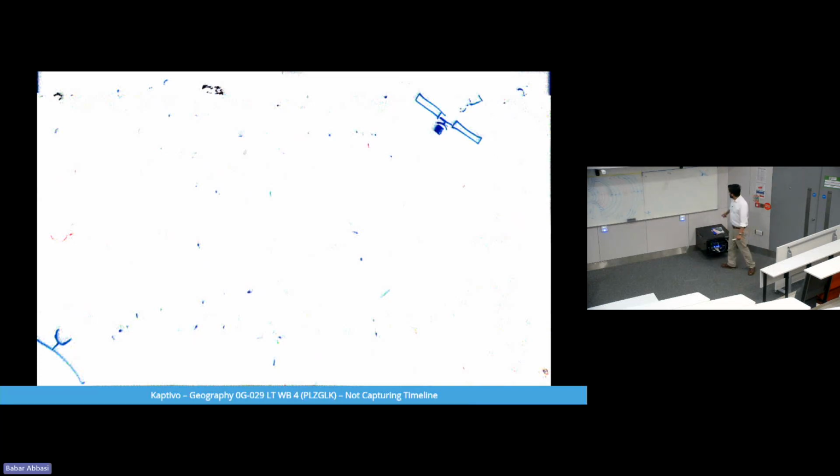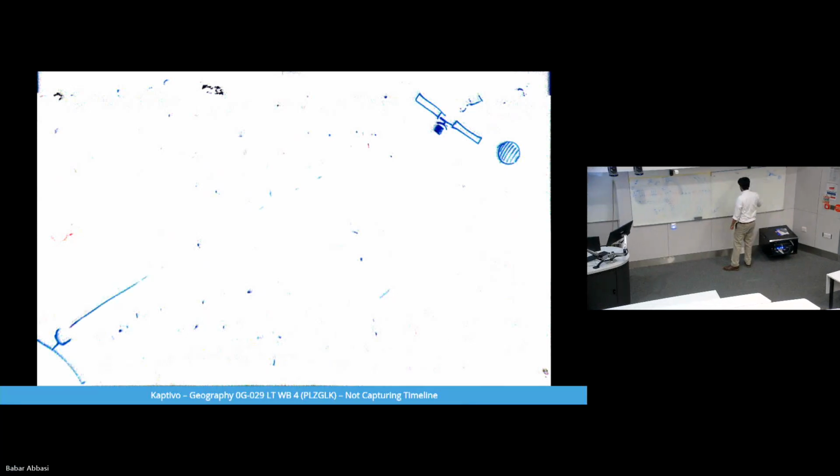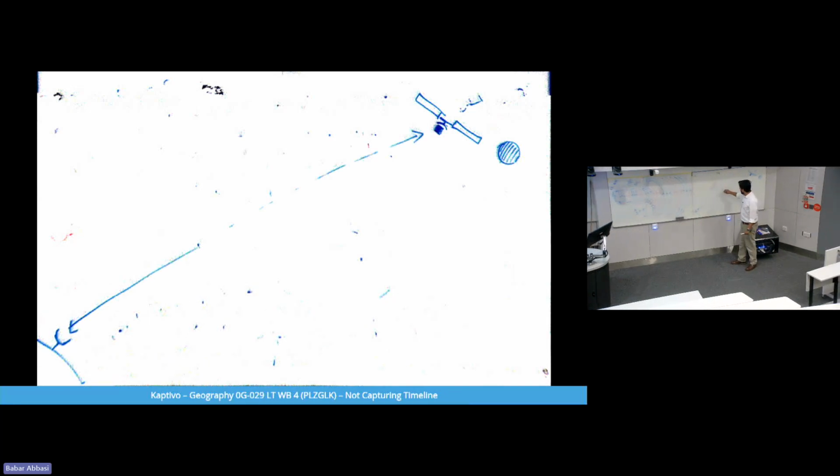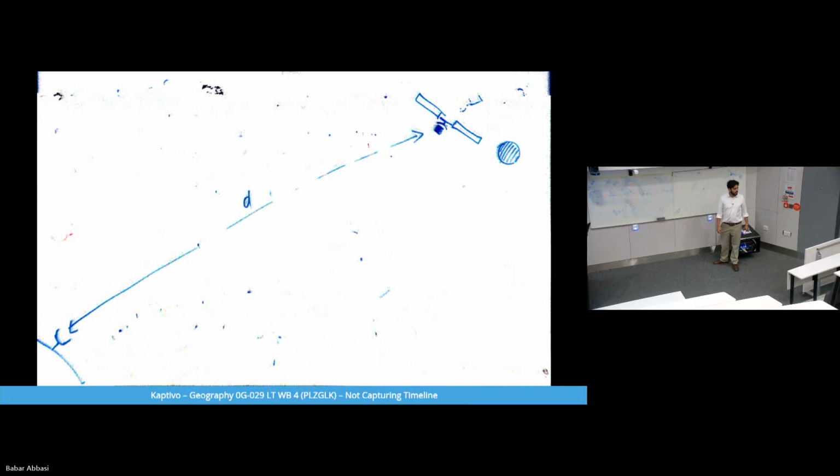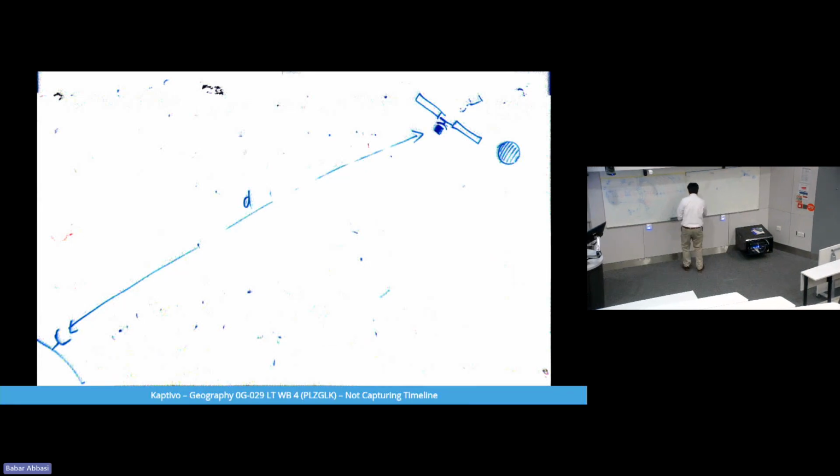If I look at the front side of this dish, it will look something like this, right? There is another thing that is called distance from the transmitter to receiver. Let's call it distance d. The transmit antenna will also have a gain.